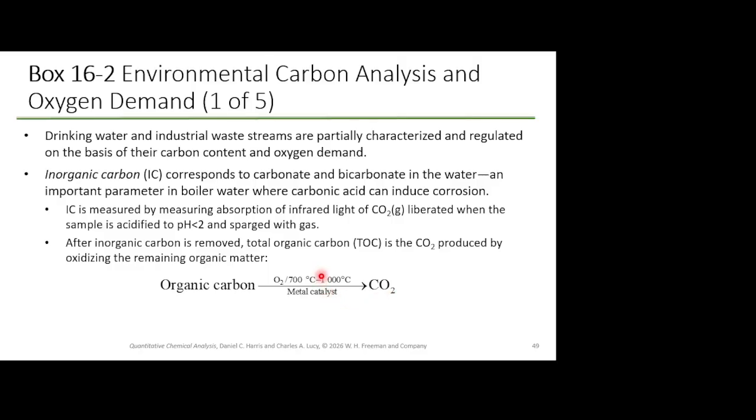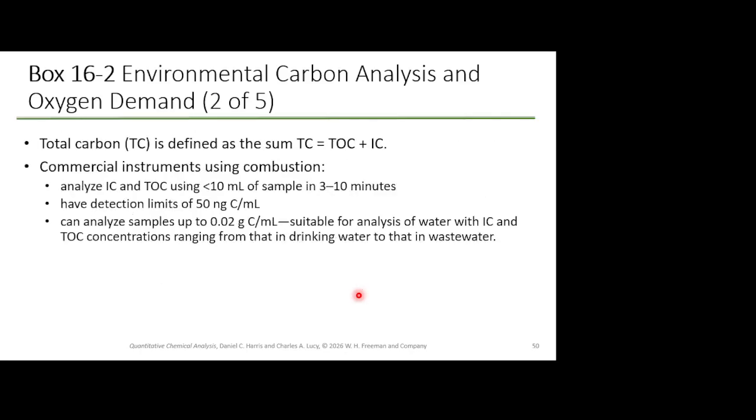So we heated it to about 900-ish. This was why. Because if you have organic carbon, it's going to convert to CO2. Metal catalysts can really, really help this reaction go faster. In that procedure we couldn't add a metal catalyst. At least no additional metal catalyst.